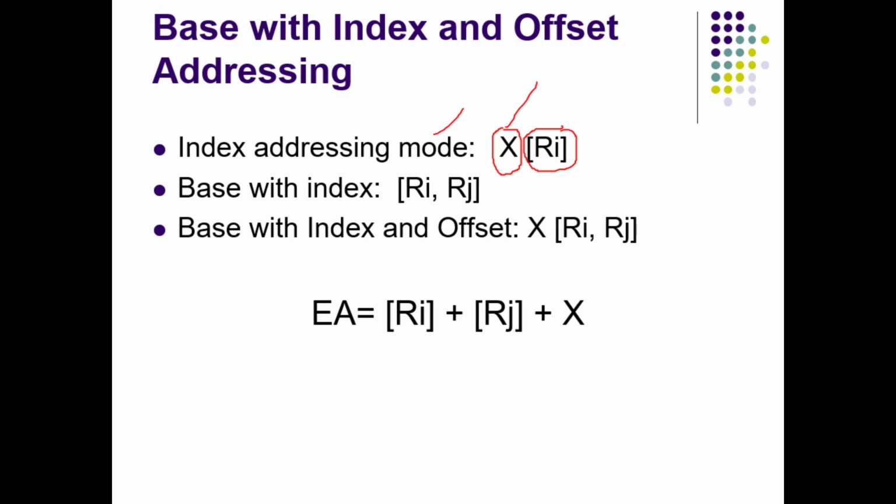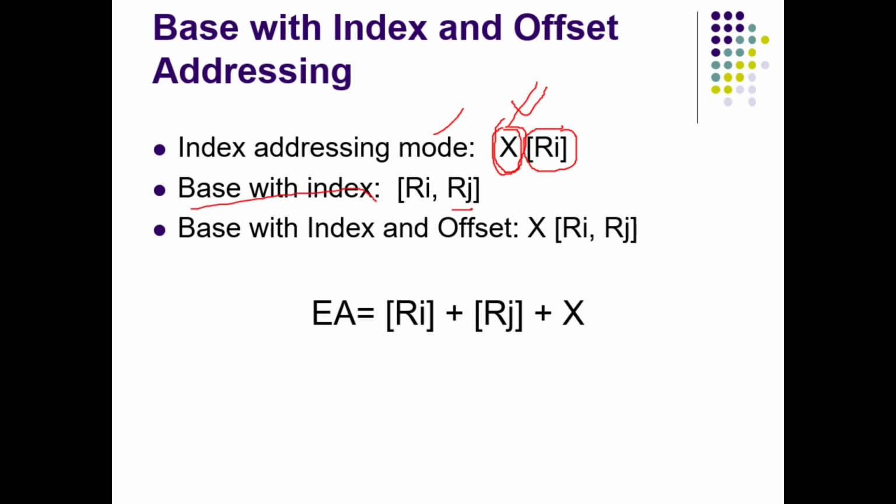That constant value is referred to as displacement or index, or sometimes it is called offset also. So here let us consider this x value, that constant number which has to be added with a register, as offset.